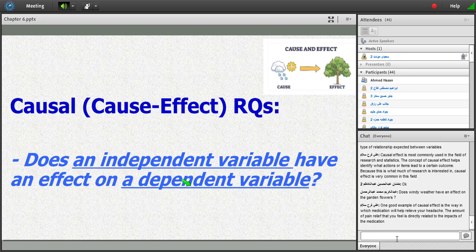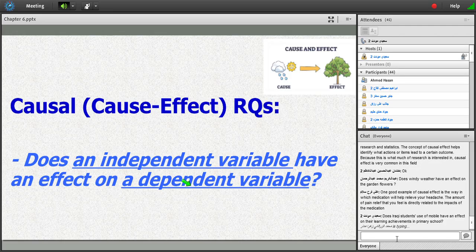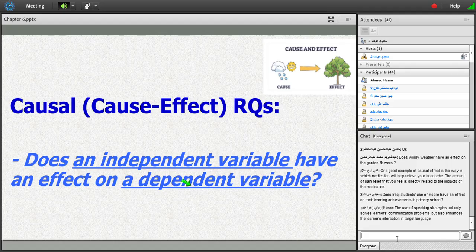Does Iraqi students' use of mobile have an effect on their learning achievements in primary school? You want to check whether those students who use their mobiles are good in learning English because they work with their mobiles and maybe they check the internet and get exposed to the language. So you want to check the influence of mobile use on learning.